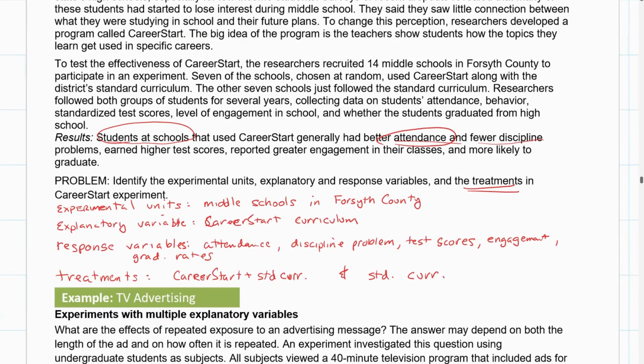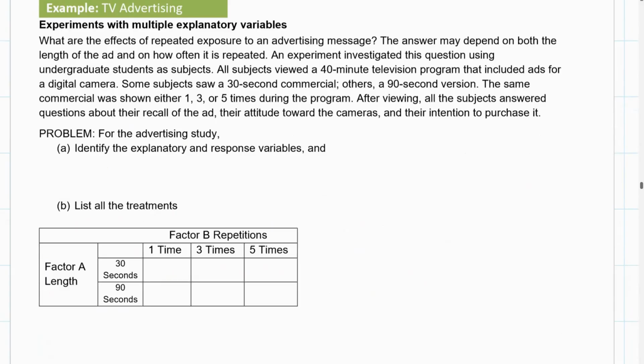All right. Here we go. Here's another example. What are the effects of repeated exposure to an advertising message? The answer may depend on both the length of the ad and how often it's repeated. An experiment investigated this question using undergraduate students as subjects. All subjects viewed a 40-minute television program that included ads for a digital camera. Some subjects saw a 30-second commercial, others saw a 90-second version.